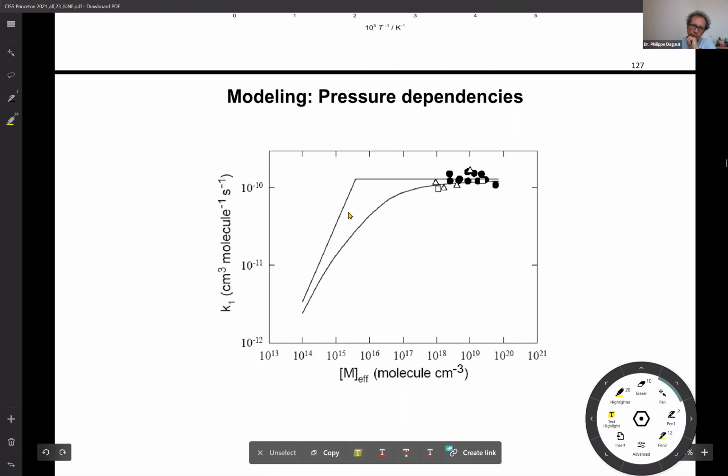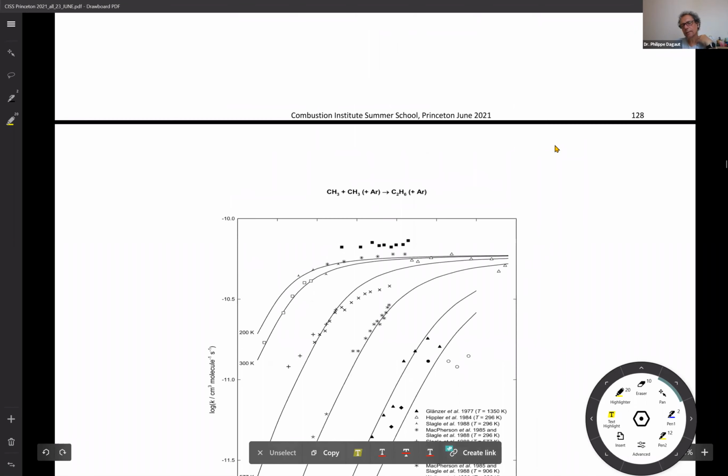We call this one K0 and this one K infinity. So the rate constant actually behaves slightly differently, and this is what we call a fall-off behavior. This was initially described by the formalism of Lindemann and Hinshelwood, and later on there have been several improvements of that.